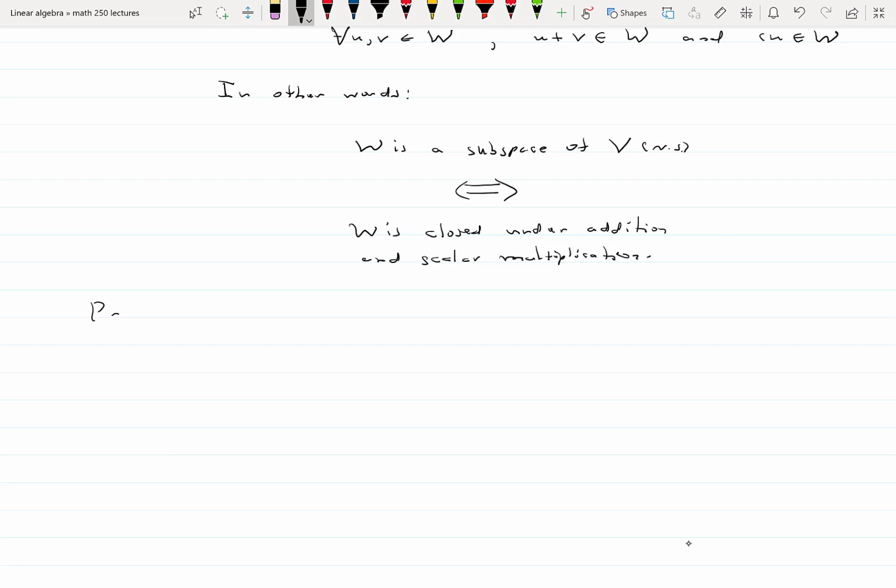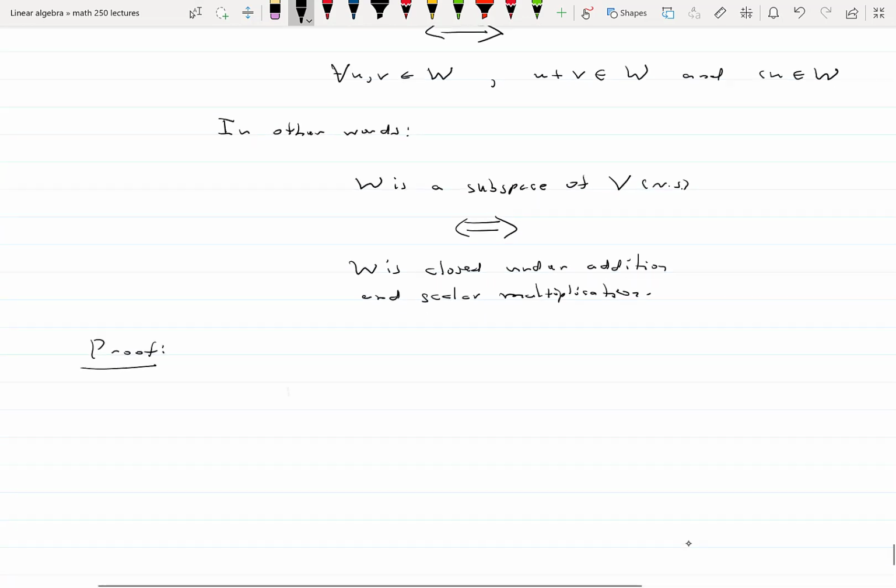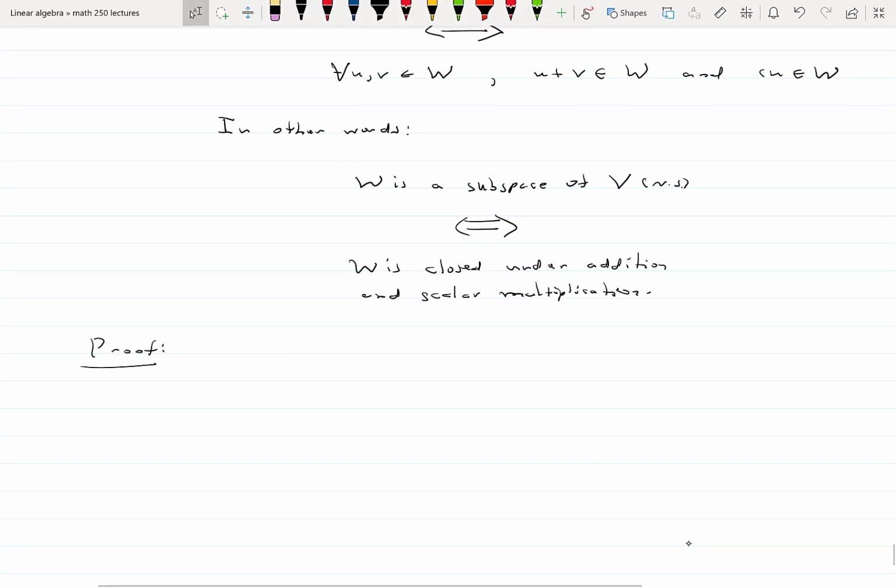Proof. This proof has 2 directions. Remember the logical symbol A double arrow B, that means A if and only if B, means 2 things.